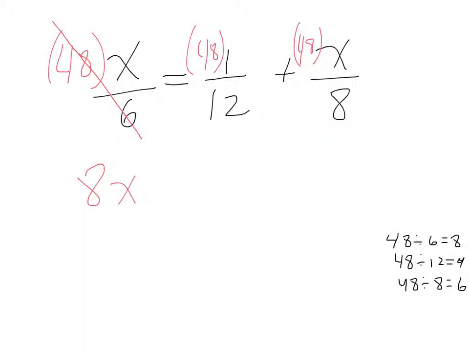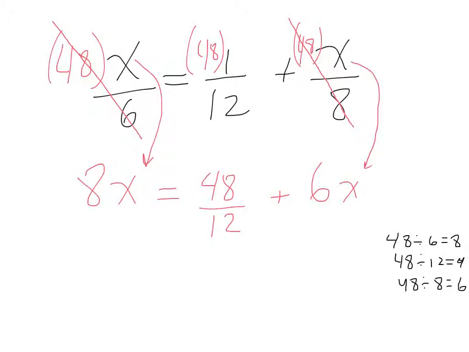So 8x, right? Because that x came from there. And instead of writing 48 over 6, I just write 8. Here, it's 48 over 12. And there, it's 48 divided by 8. That's simplified down to 6. So 6x, right? Because that x came from there.